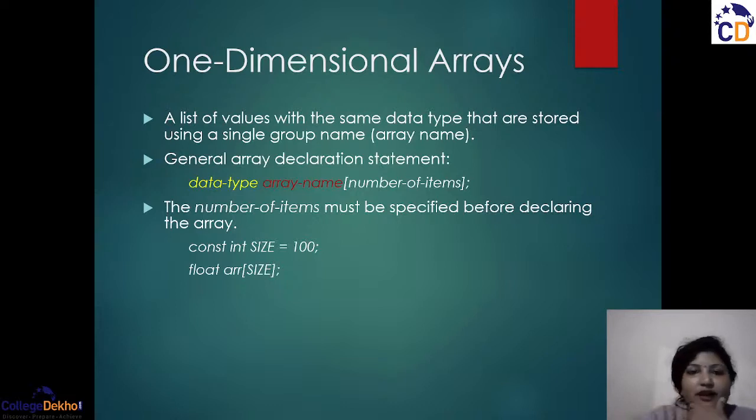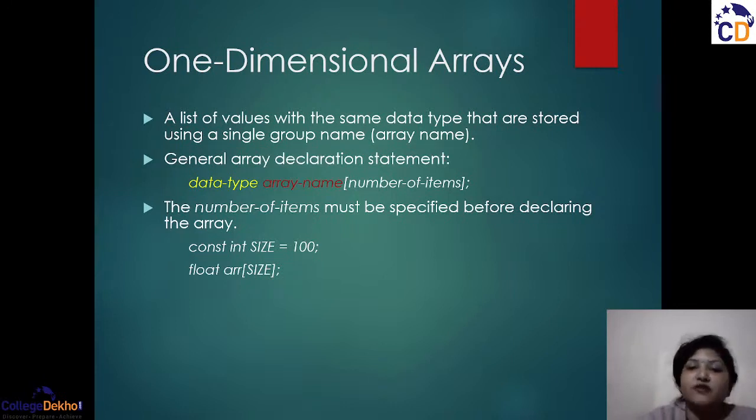For example, I'm taking an example of my house, right? If I'm defining it as a data structure and if I'm defining house as an array name, what is the number of items? The number of rooms in the house, right? Suppose I take this room as one, another room as one, another room as one. How many rooms are there?